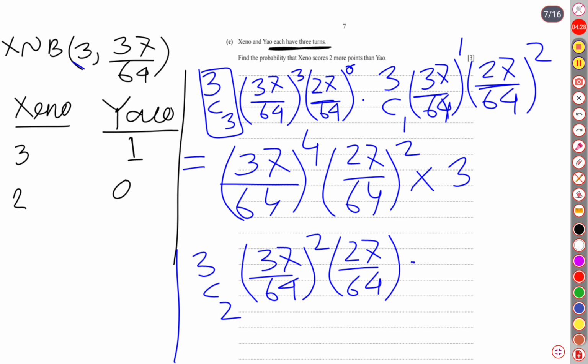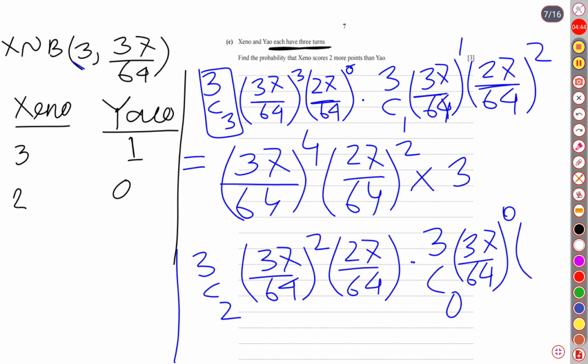So for Yao, it is going to be 3 choose 0. Out of 3 chances, he succeeded 0 times, so success is 37 over 64 to the power 0, and failure is 27 over 64 three times.